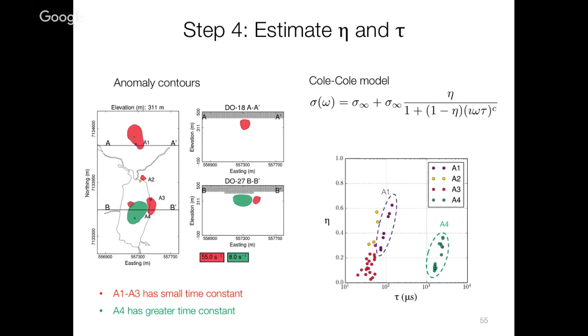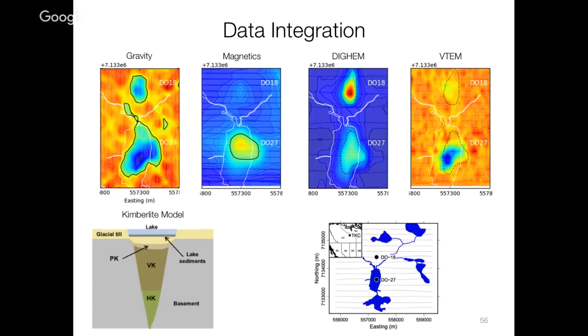Okay, so we now have a bit of a classification thing here. So now we come to data integration. So we've got the gravity data, the magnetics, frequency domain, time domain, and we want to kind of put all of that together. So we invert each of these in 3D.